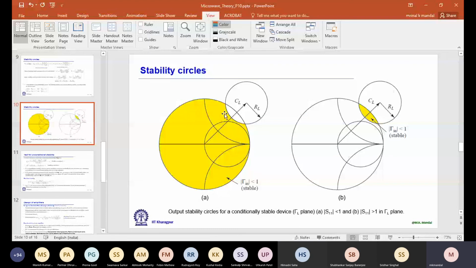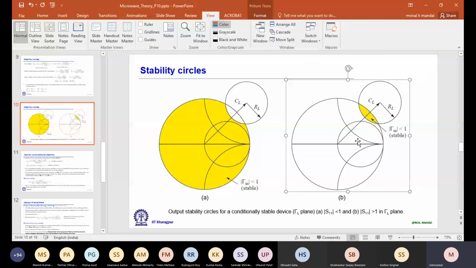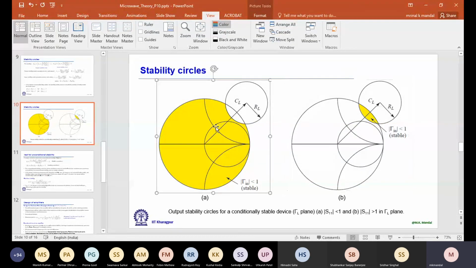Depending on that, this CL or RL circle should contain the Smith chart completely, or it should be completely inside the Smith chart. So for the right side condition, if we have this type of situation, then this circle should be completely inside the Smith chart, right? And if we have the left side situation, then your CL or RL should be completely outside. So it depends on the S11 value.